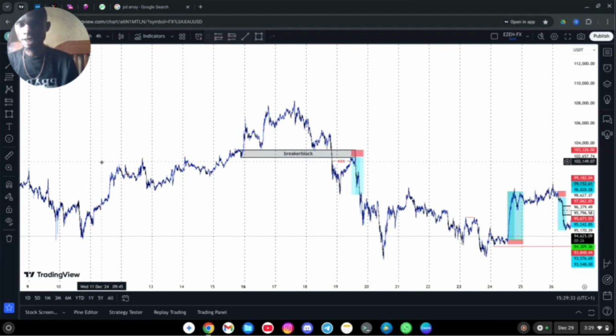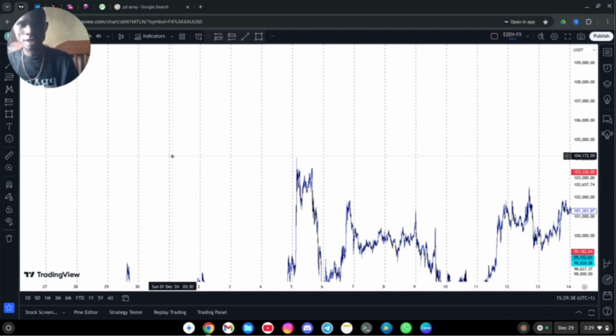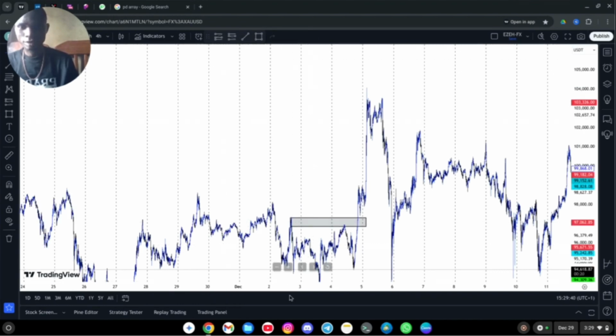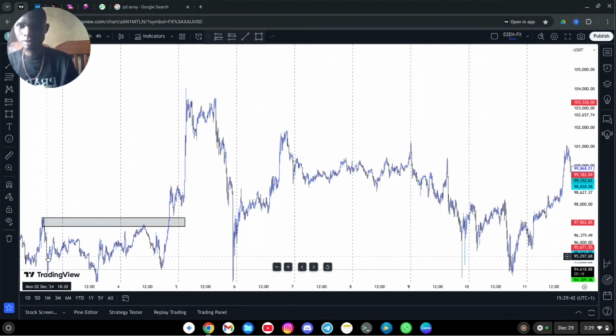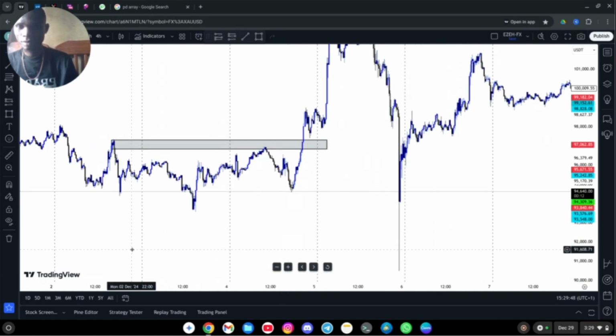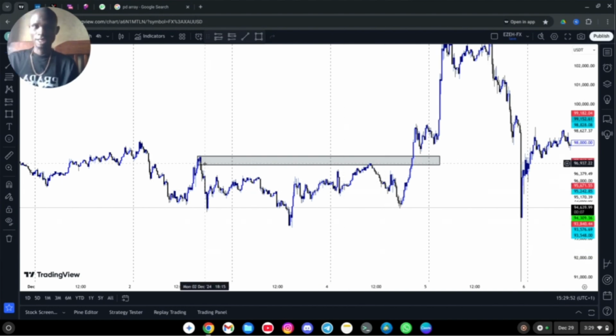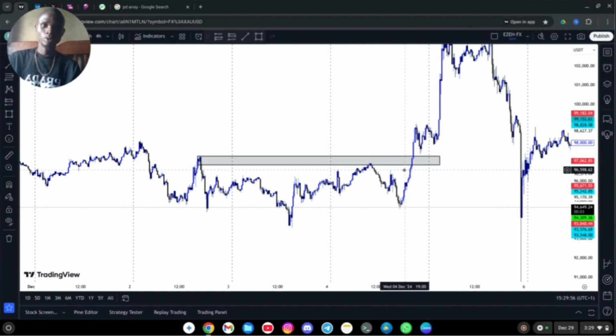Okay, let's start from here. This was the one I first marked out, and let's see why market didn't come there. Okay, this is an OB, a very valid OB. Market came, broke it out with strong momentum, created inducement, but it looks like the momentum was too much.